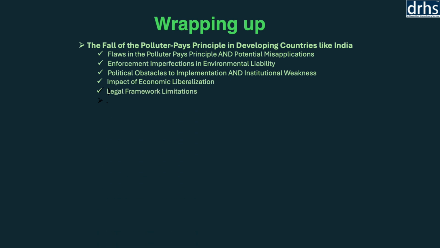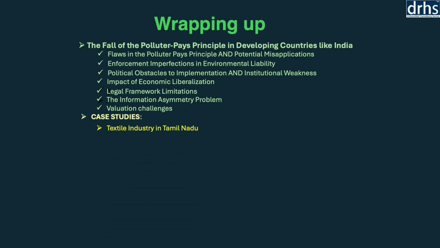The key segments included an examination of the textile industries in Tamil Nadu, mining operations in Goa, and pollution emanating from the informal sector, all of which illustrated the deep-rooted challenges in enforcing liability and ensuring accountability of small and medium enterprises.